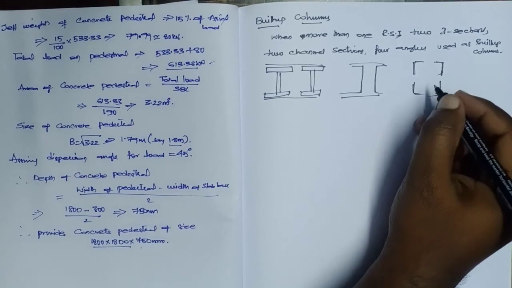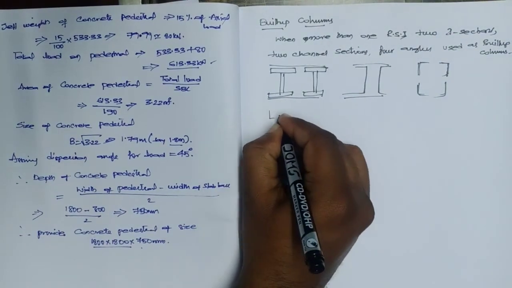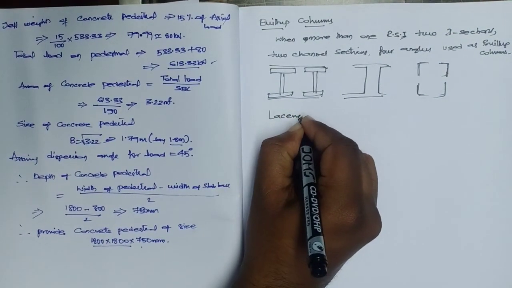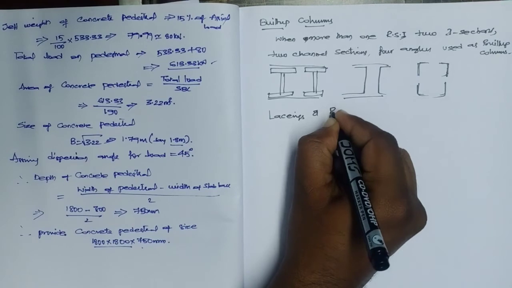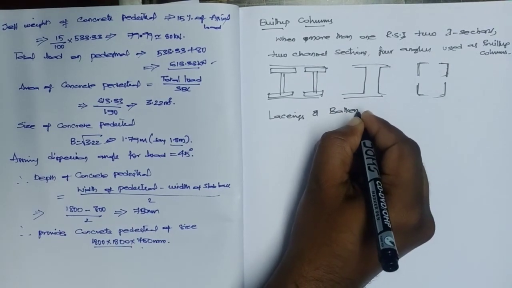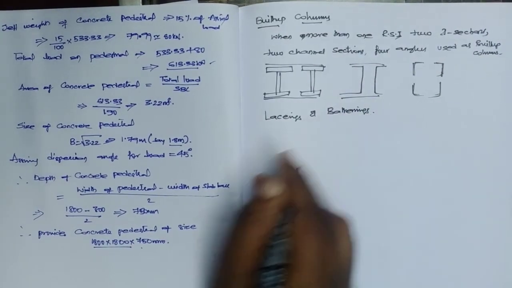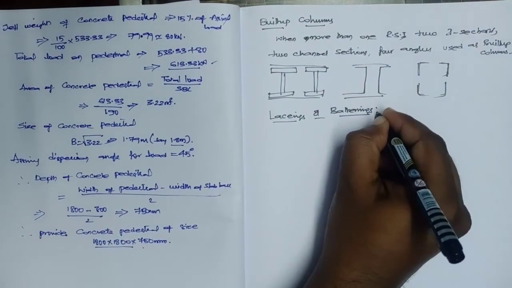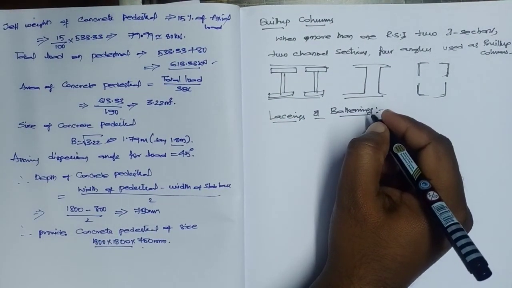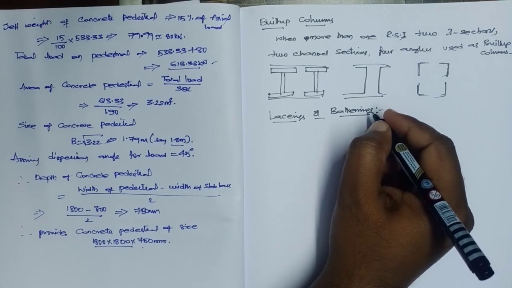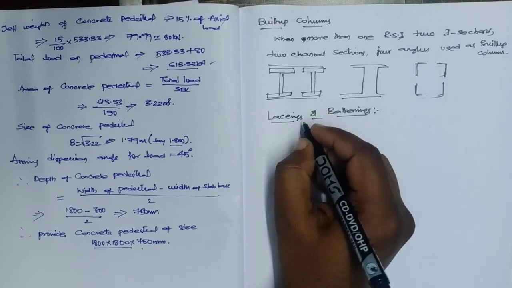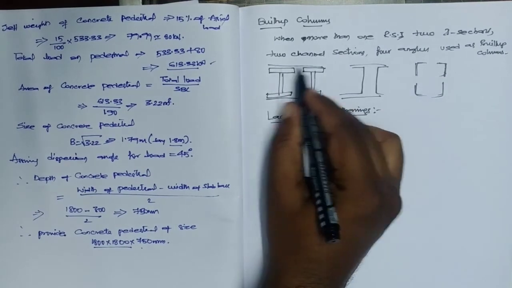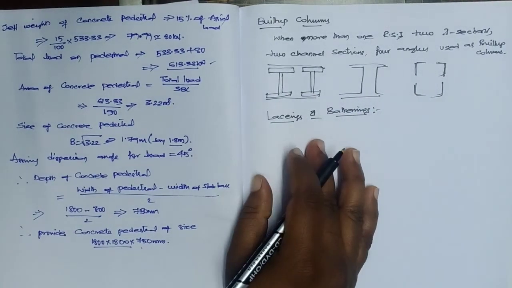Those connections are nothing but lacings and battenings. Now, what is this lacing? It is a means of connecting different components of built up column.